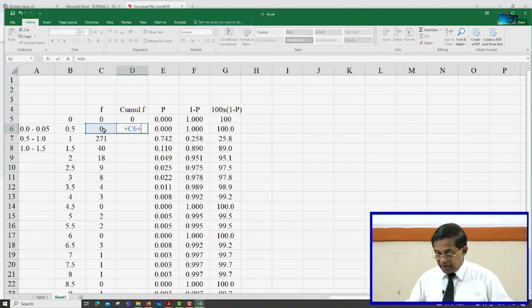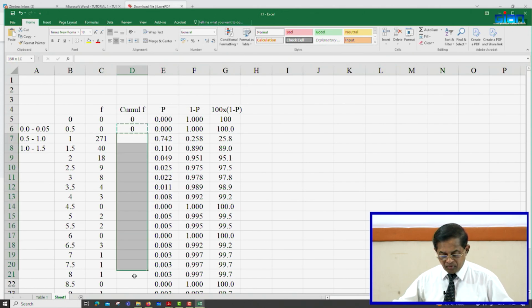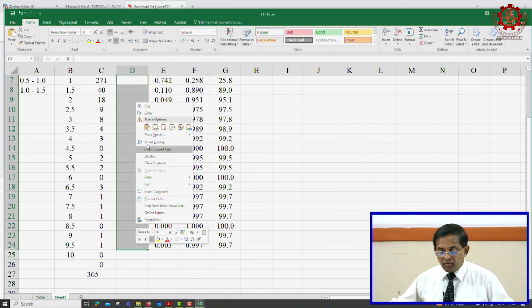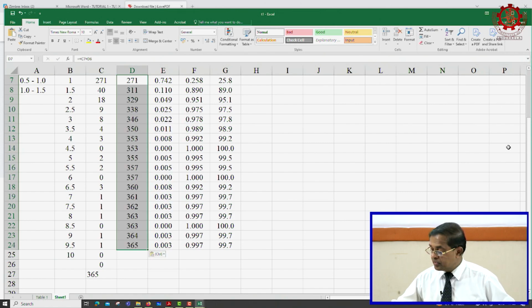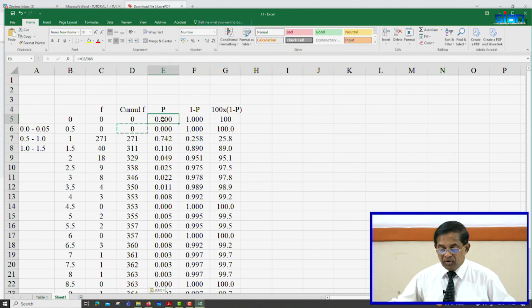We have to first calculate the cumulative frequency, and then calculate the probability. So, I made a mistake there.